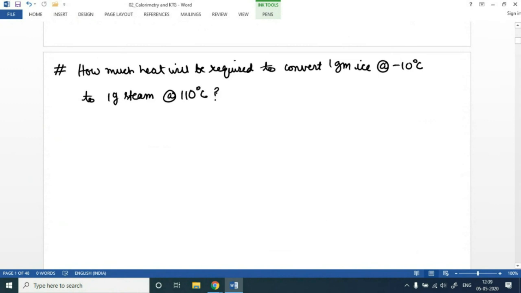Apart from the data which we have discussed already, the other data I will provide is that the specific heat capacity of ice is 0.5 calorie per gram per degree Celsius, and the specific heat capacity of water vapor is around 0.5 calorie per gram per degree Celsius in the given temperature range.